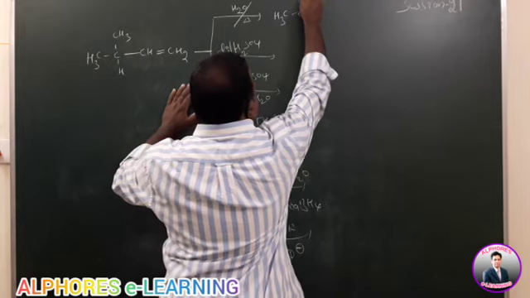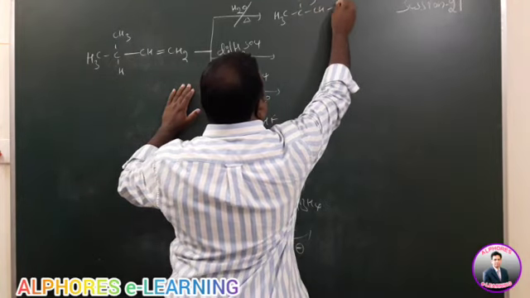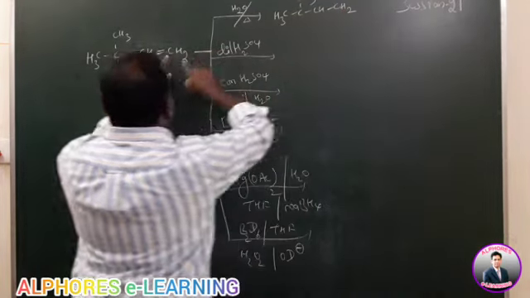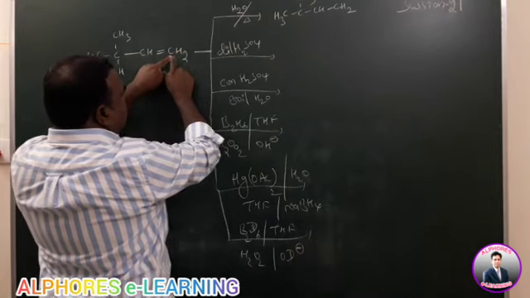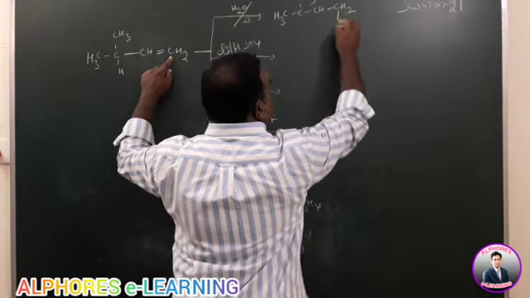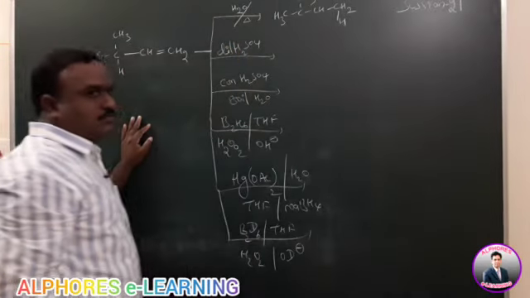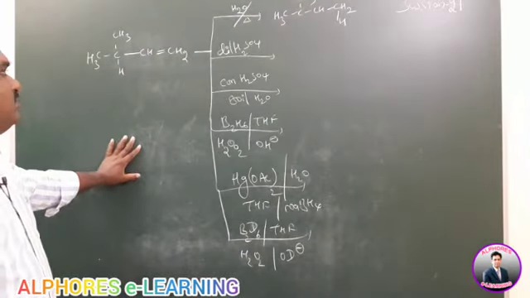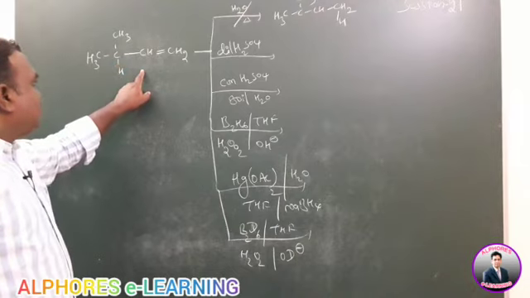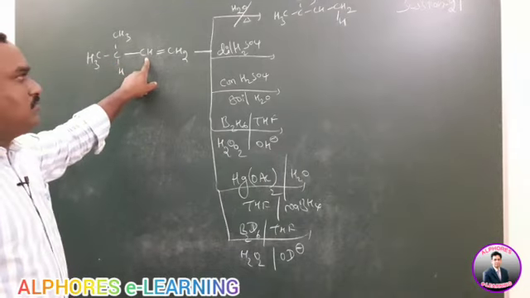Now here CH3, again CH3, here CH, again CH2. First step: H plus is added to this one, the electrophile. This one gains what type of charge? Positive charge. Then rearrangement is possible when you shift that hydrogen from here to here.